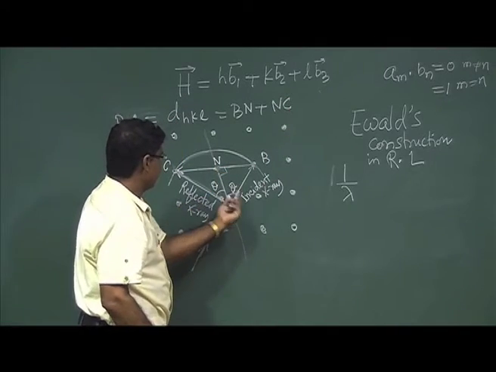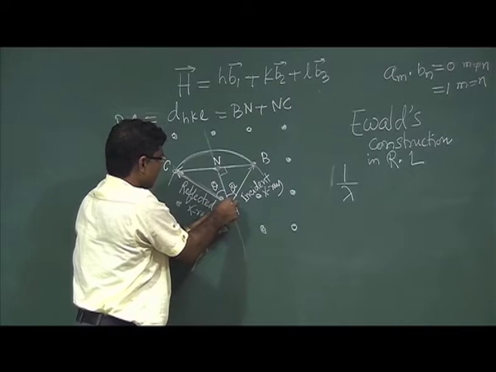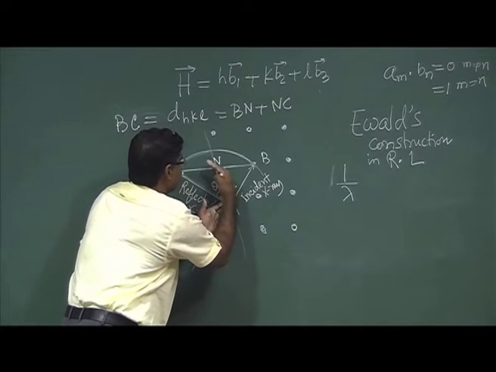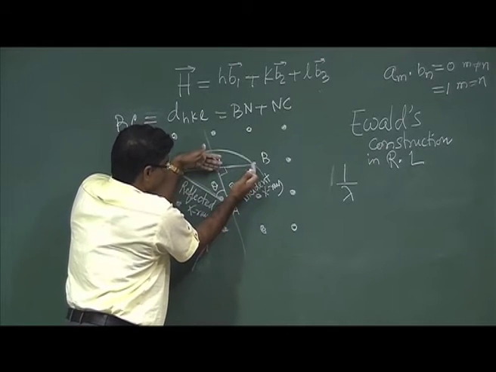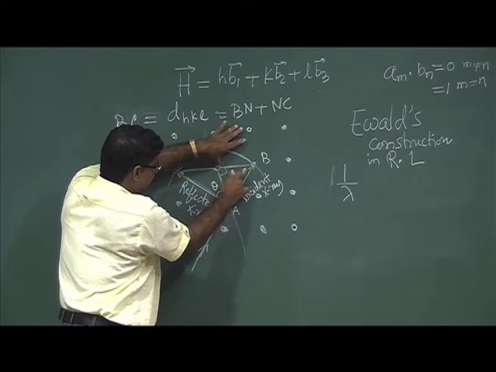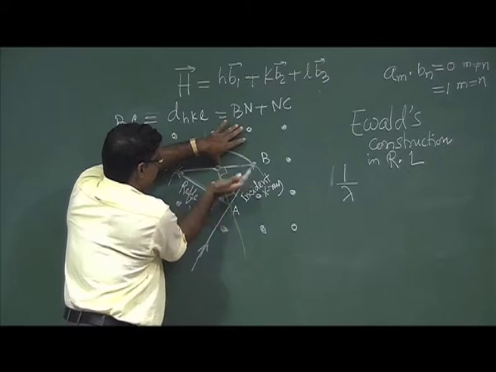BN: if I take cos theta with respect to this, this is 90 minus theta, so it will be sin theta.